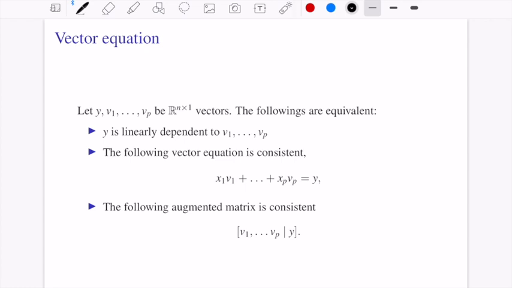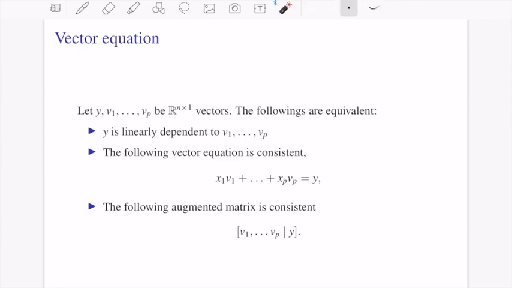Vector equation. In this slide, we're going to tell you how to justify a general question about linear combination. Here is the statement. We have 3 equivalent statements. Using these statements, we are able to justify the linear combination.